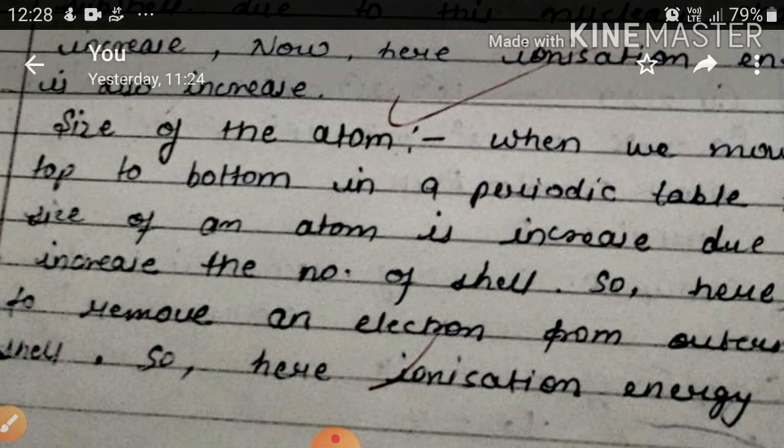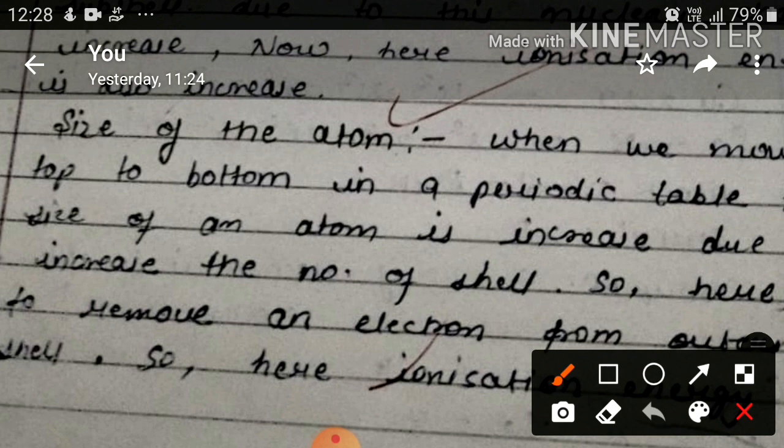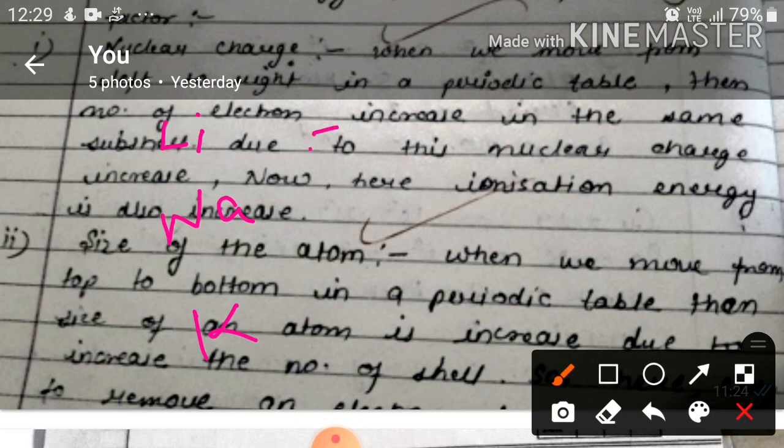For example, when we move from top to bottom in a group: lithium, sodium, potassium. The atomic number of lithium is 3, sodium is 11 and potassium is 19. When we write the electronic configuration and distribute electrons in the shells, here is the nucleus.